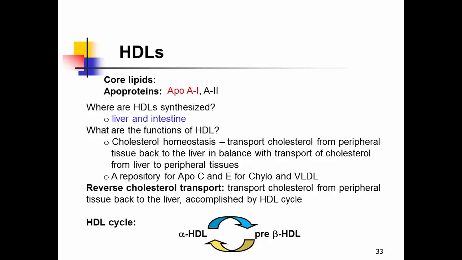ApoA1 is unique and specific for HDL, and it is synthesized in the liver and intestine. Now we also talk about the reverse cholesterol transport process, which involves the interconversion between alpha HDL and beta HDL in cycles, to accomplish the removal of cholesterol from peripheral tissue to the liver and out of the body.